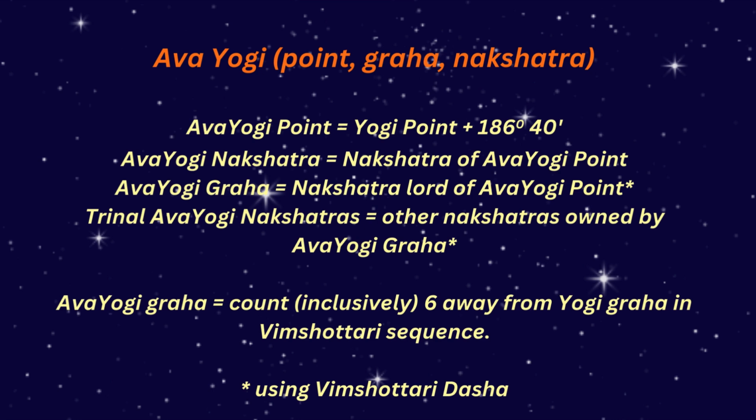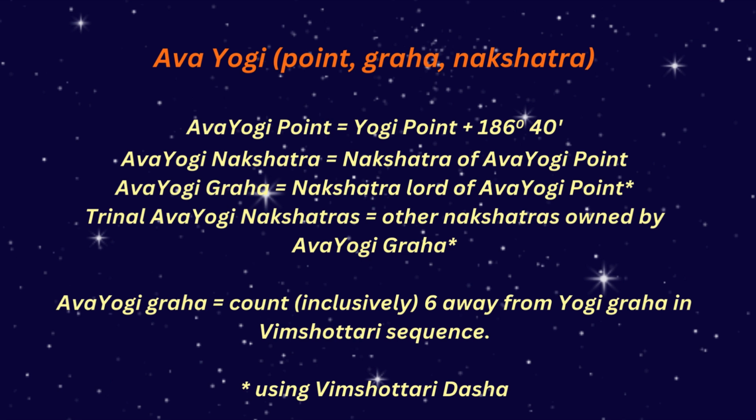Now, there's a quick shortcut. Instead of going through the degree calculation, you can use a simpler method. Just count 6 grahas ahead, inclusively, from the yogi graha in the Vimshottari Dasha sequence.